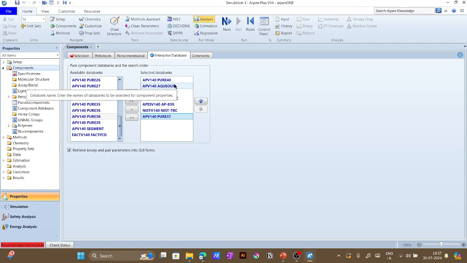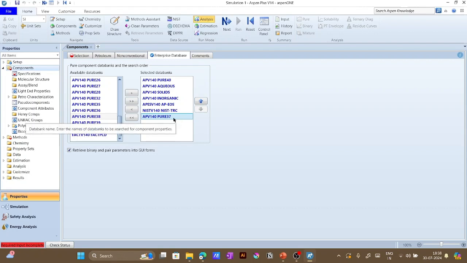Now when I say, what are these different data banks available, how do we understand what exactly each is?